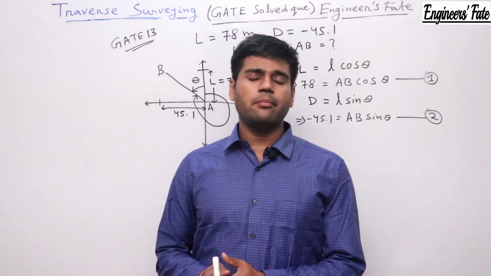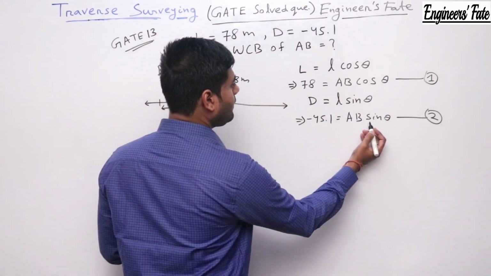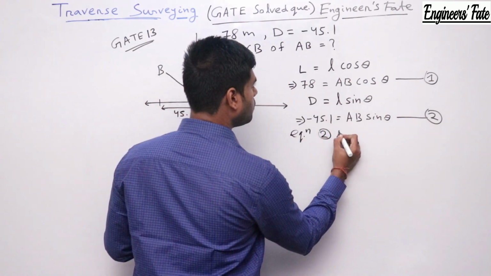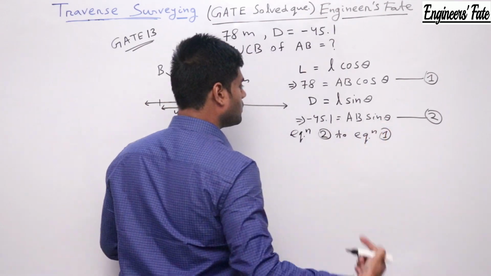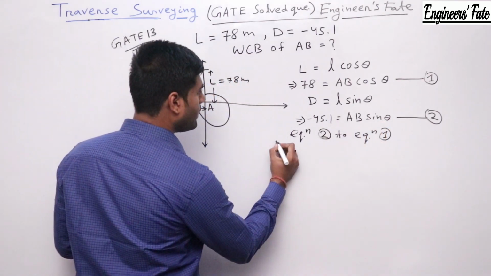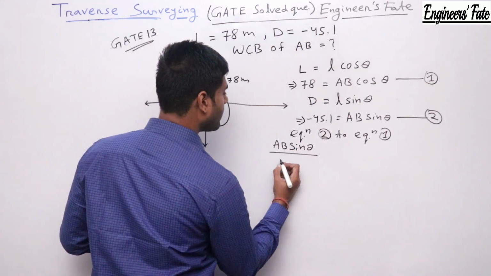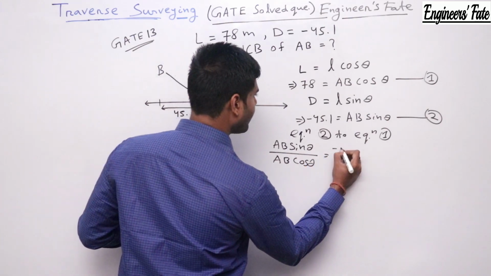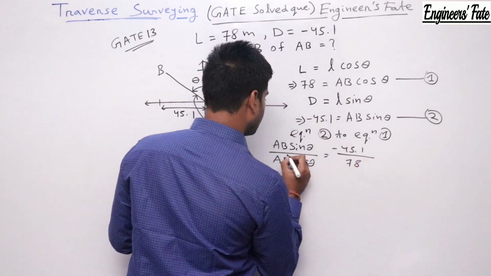There is an alternate method for this question. You can also solve that. You can divide equation 2 by equation 1. So if I divide, that will be AB sin theta divided by AB cos theta equal to minus 45.1 to 78.